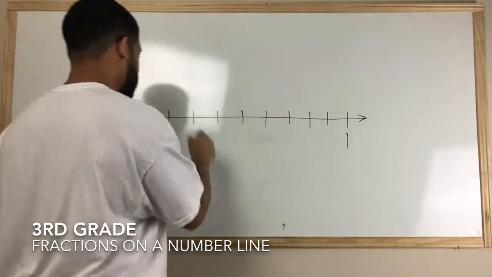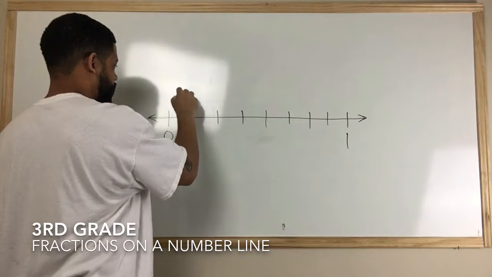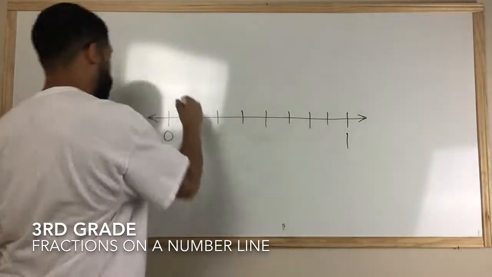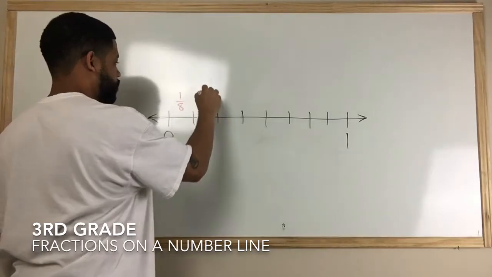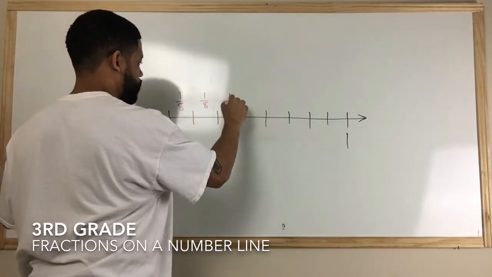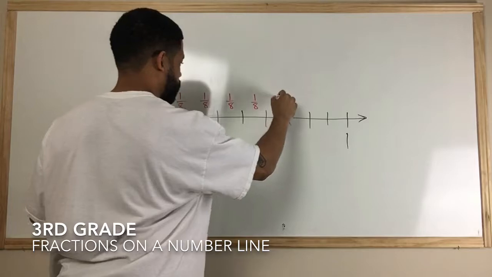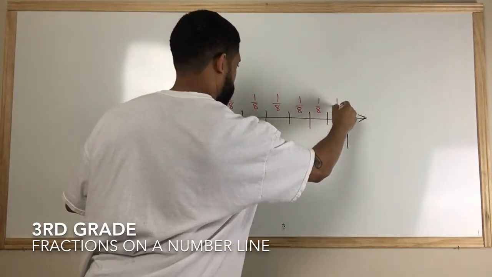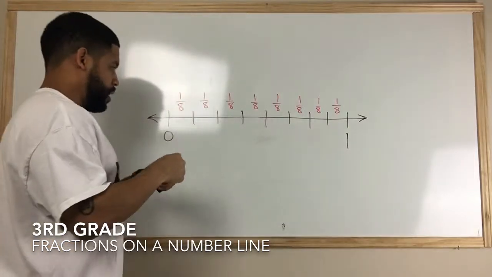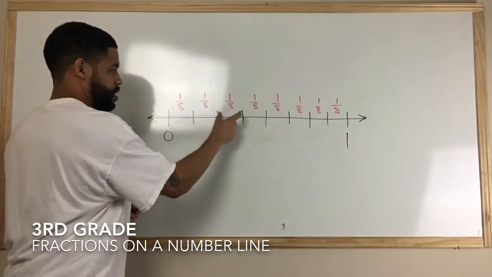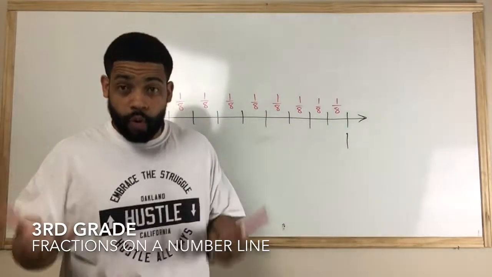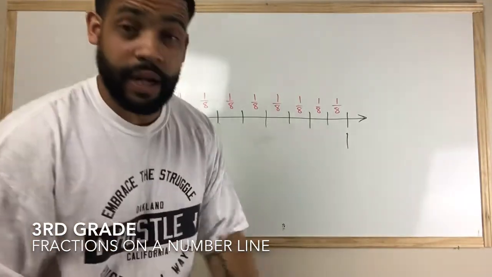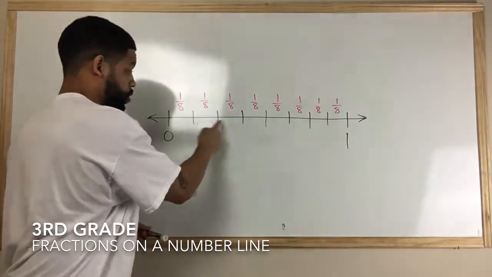So I have a size of 1/8 there, 1/8 there. Each of these little spaces is 1/8 in size, so each fractional piece is 1/8. Now we can label the numbers on the number line.